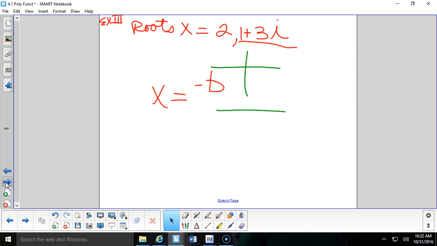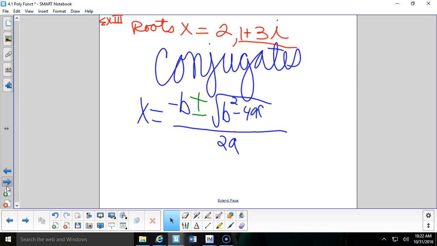So as it turns out, if you have a complex root, 1 plus 3i, you will always have its conjugate as a root as well. So even if I don't tell you, you're supposed to go, aha! Because of the plus or minus.